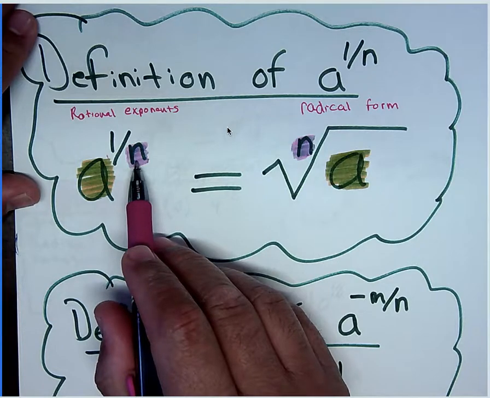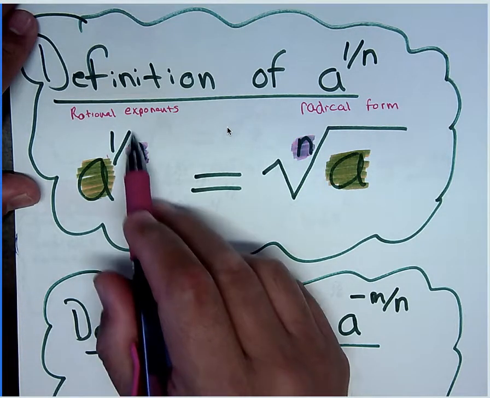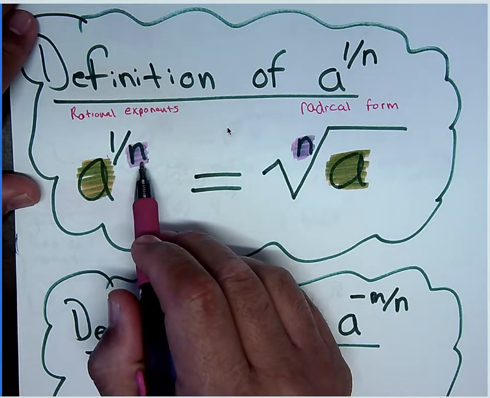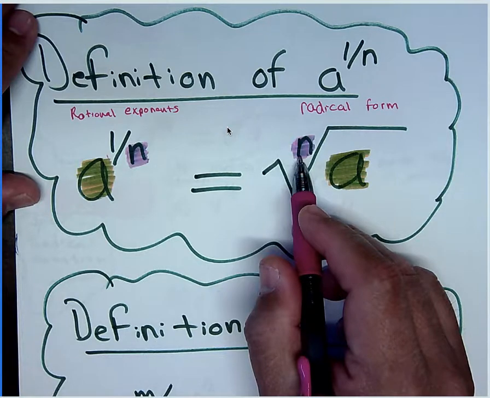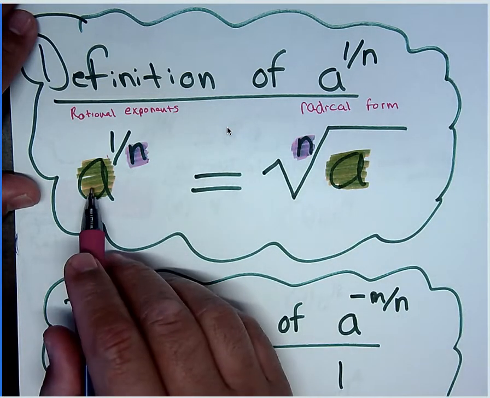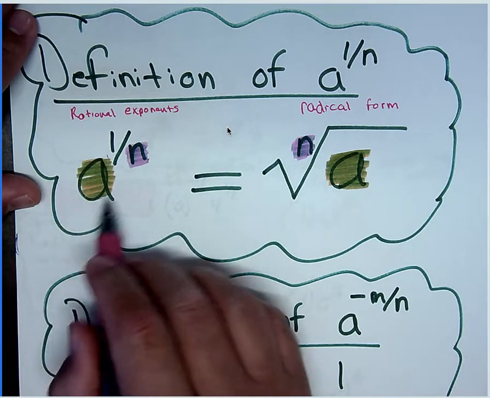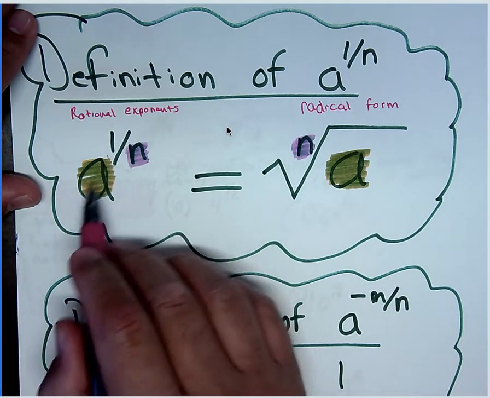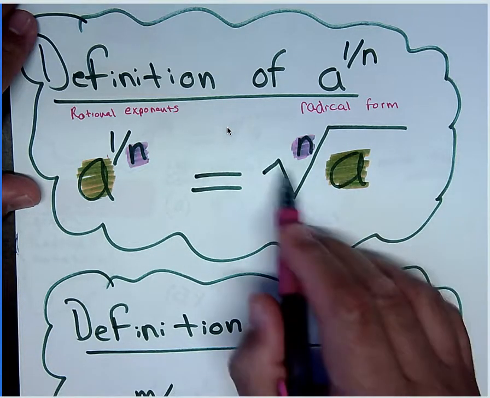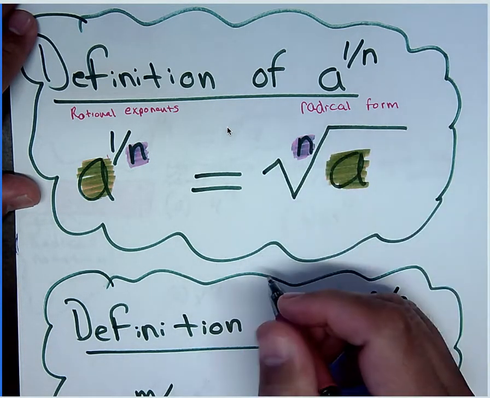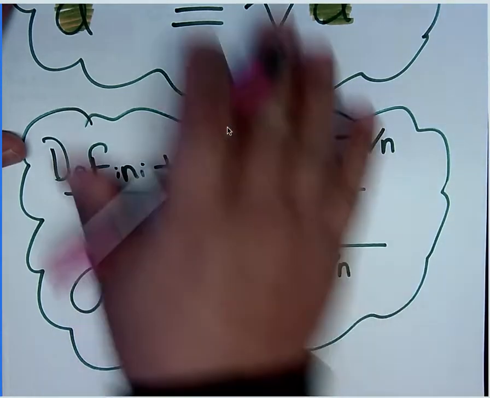The bottom number in the fraction in the exponent would be the index, or the root. The base, the a, would be the radicand, the number inside the house, inside the radical. And that's all you're saying. It's better with numbers, but that's the general form.